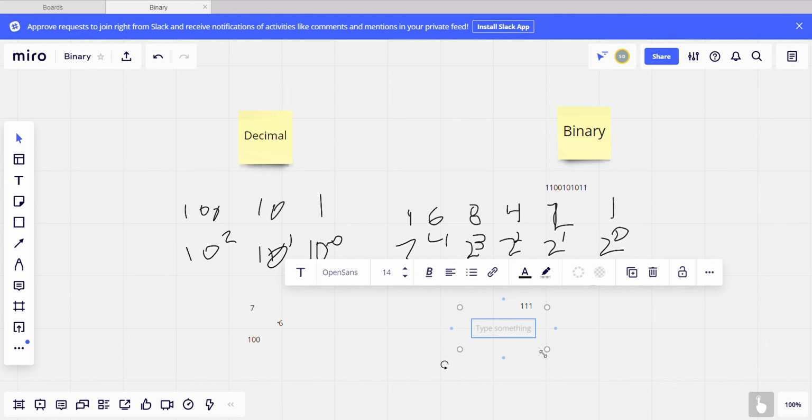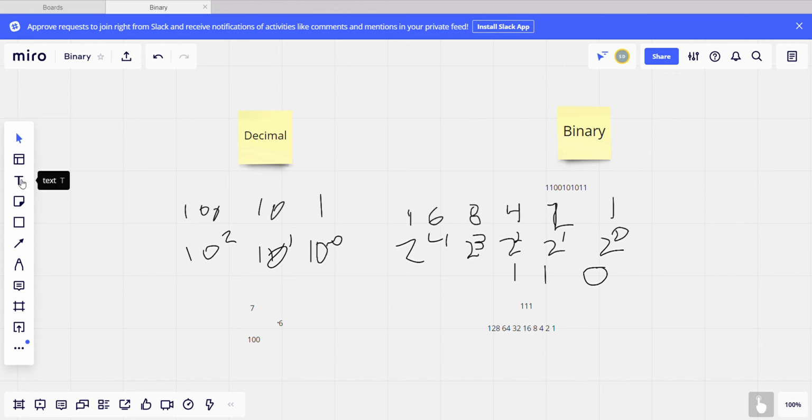We have the ones digit, then the twos digit, then the fours digit, then the eighths digit, then the 16th digit, the 32nd digit, the 64th digit, and the 128th digit. And obviously, it will keep going on from there.